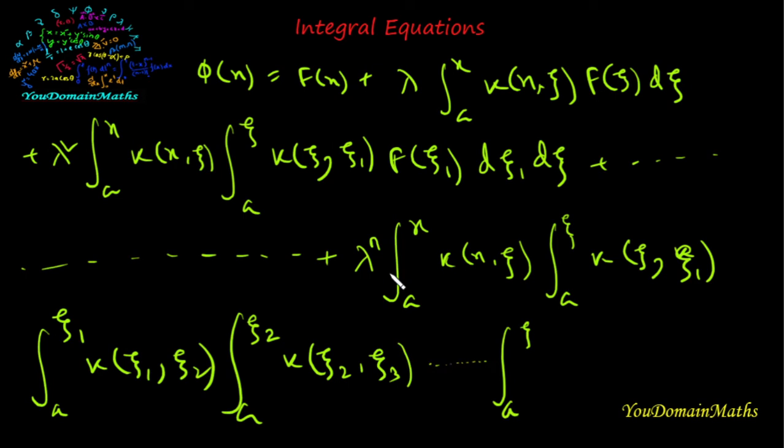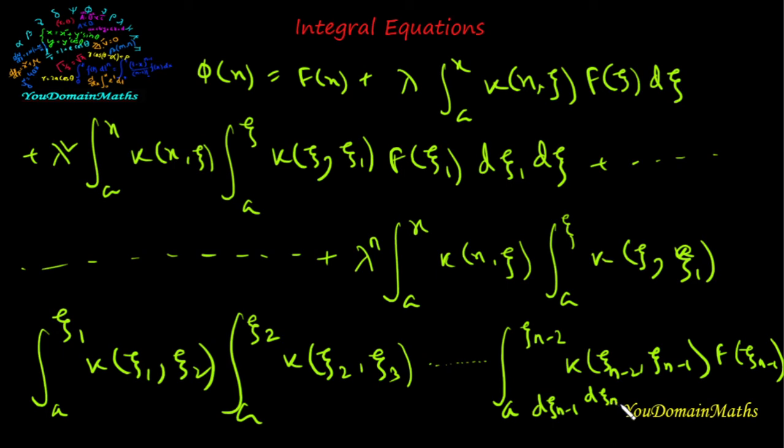This is the upper limit of integration, and there is a kernel K(xi n minus 2, xi n minus 1) f(xi n minus 1) d xi n minus 1 d xi n minus 2, and so on down to xi2, xi1 and xi.